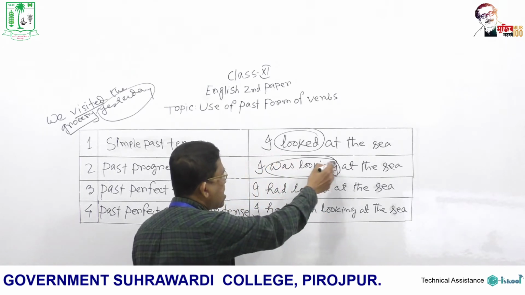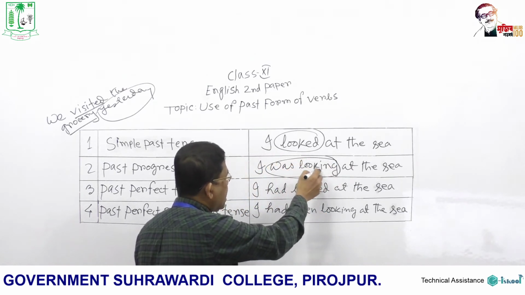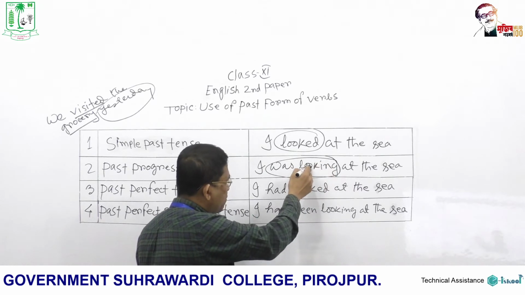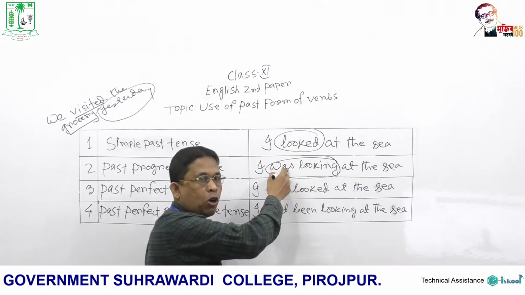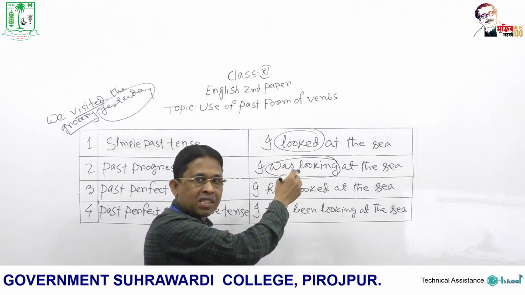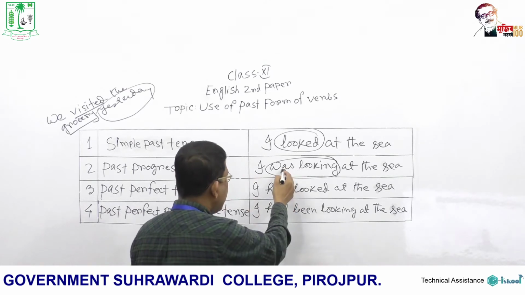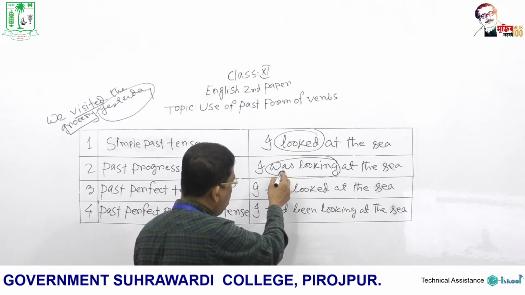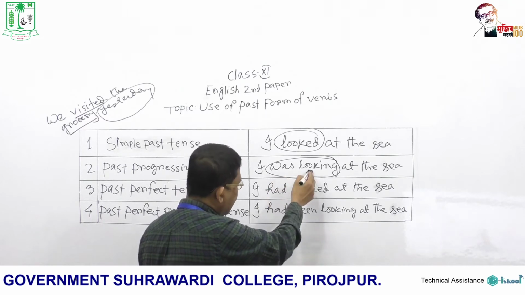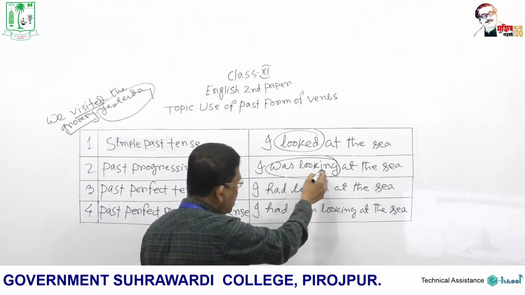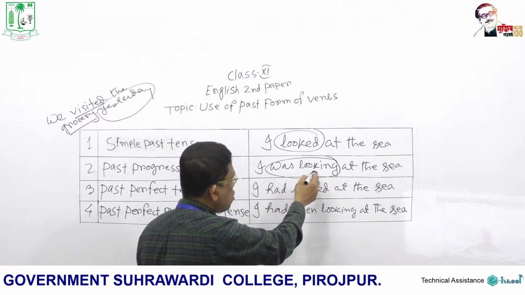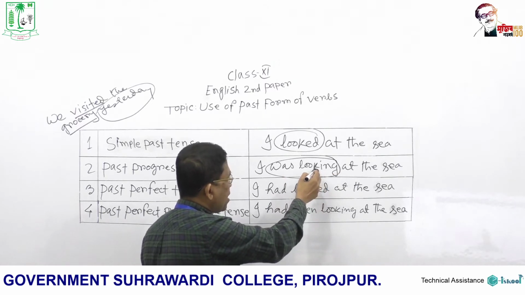This is the continuous form of verbs, and the continuous form of a verb is always preceded by an auxiliary, as we explained in our previous class. Here the auxiliary verb is was or were, and then the ing form is used. I was looking at the sea.